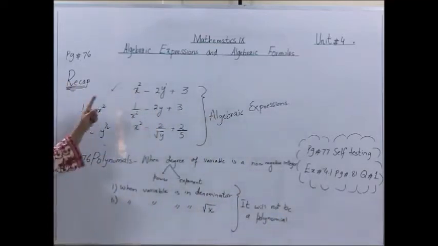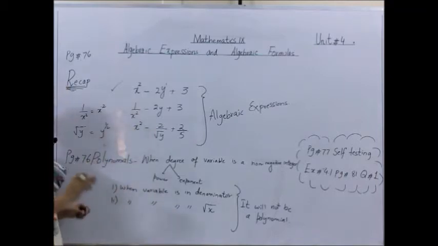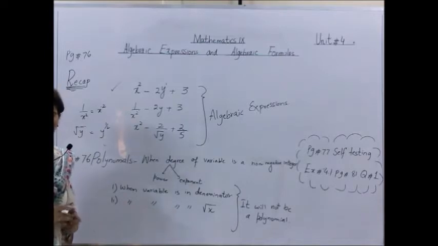When you have an algebraic expression in which any of the variables is in the denominator or in square root form, it will not be a polynomial.